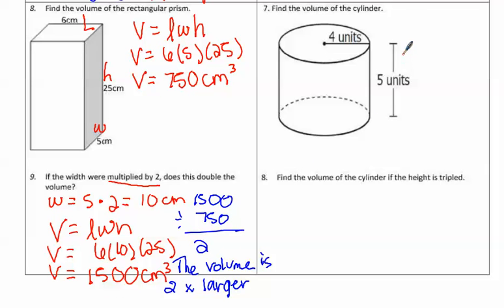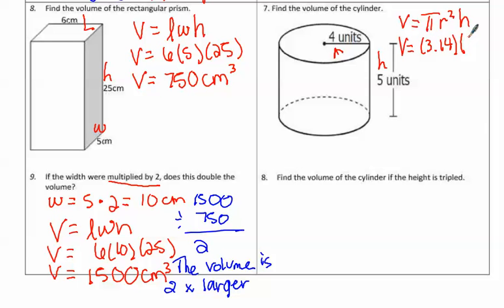For the volume of a cylinder, you have your radius and your height. Your formula is volume equals pi r squared times the height. Remember to use 3.14 for pi.